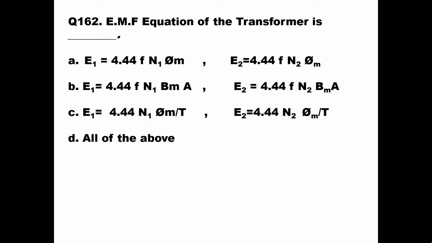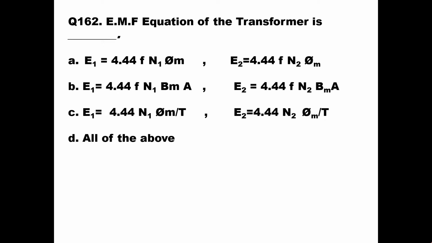Question number 162. The EMF equation of the transformer is, as we have seen in the first expression, 4f into number of turns into the maximum flux. If you want to speak about primary and secondary, then E1 will be for primary and E2 for secondary.